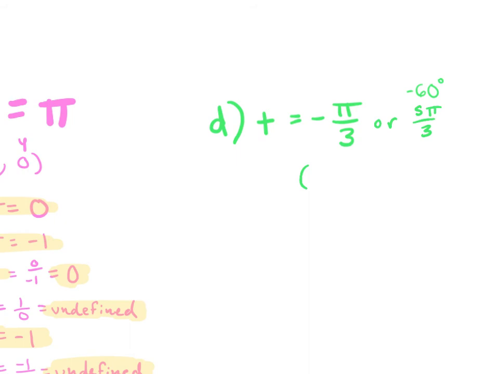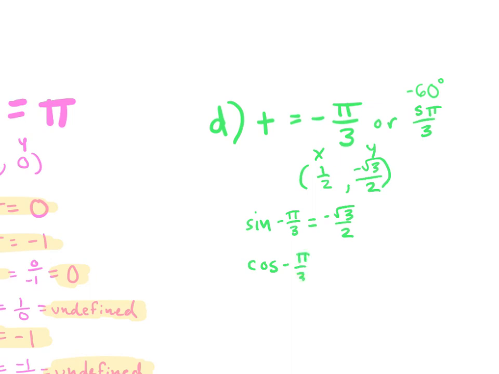So what's our x and y? One half is our x, and our y is negative square root 3 over 2. First thing we need to do is find our sine. Sine is y, so negative square root 3 over 2.